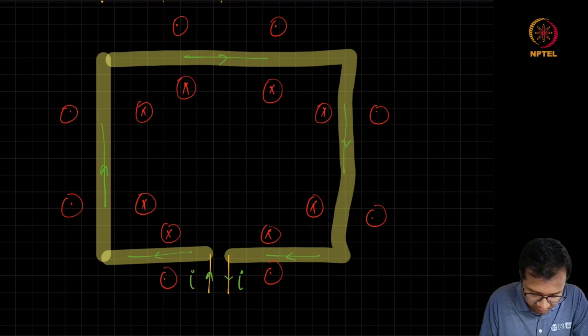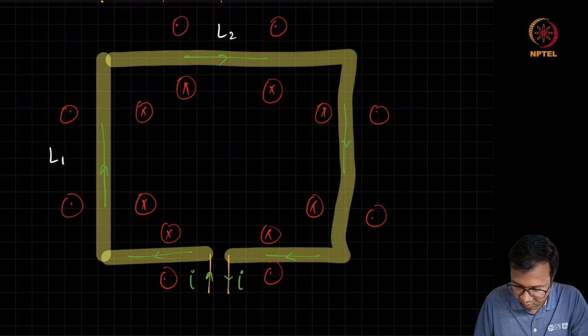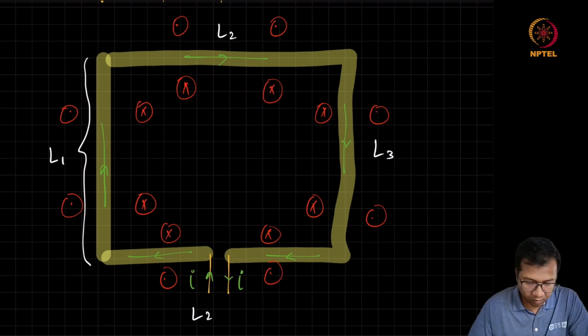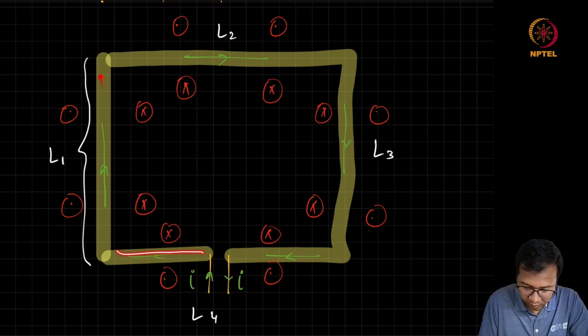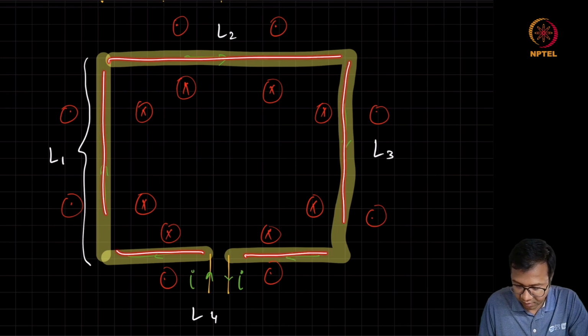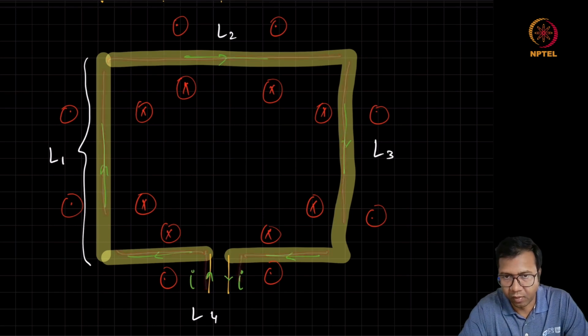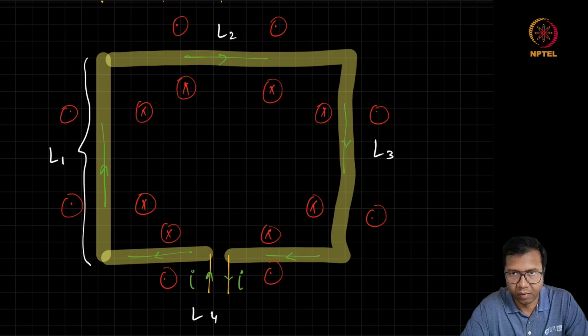So for example, this one I can call L1, L2, L3, and similarly L4, talking about this entire length. Right now it looks as if we have put 4 inductances in series and then are trying to find out the overall inductance. So our basic intuition says that the effective inductance should become L1 plus L2 plus L3 plus L4.